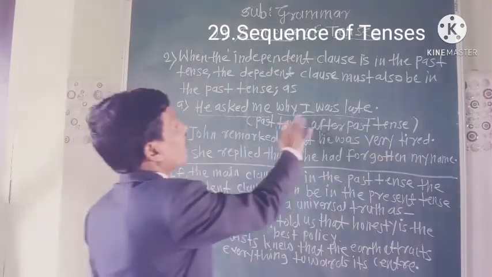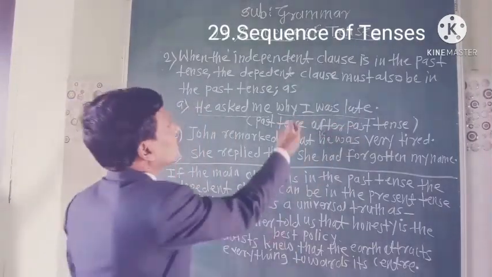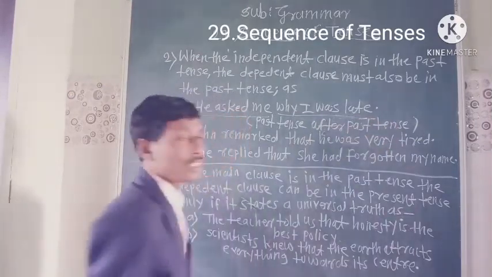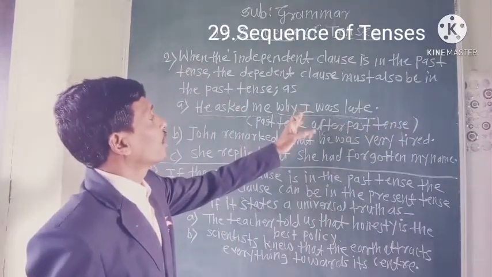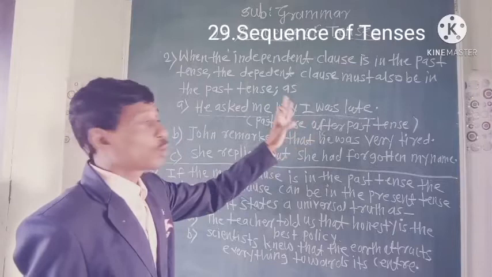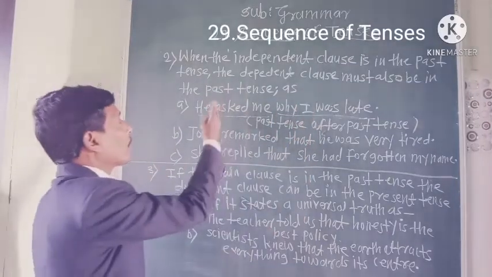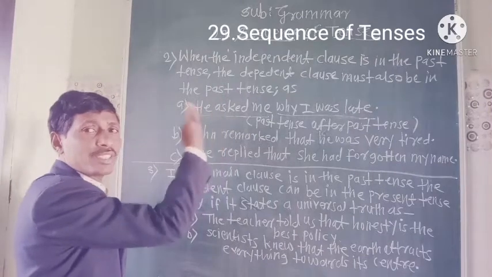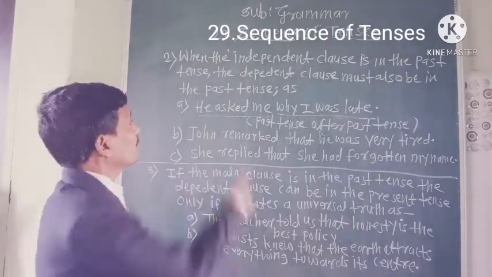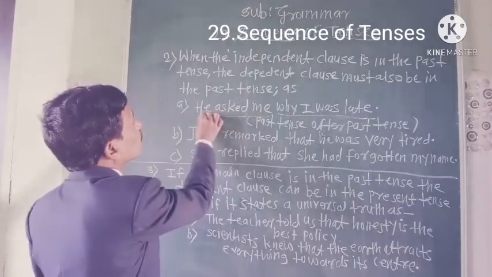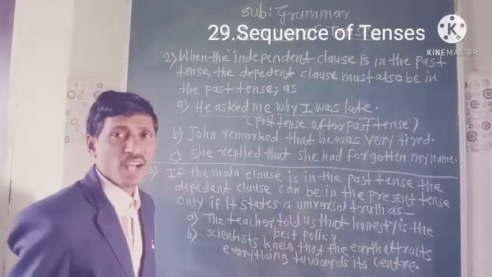And why I was late is the dependent clause. So this dependent clause depends on the main clause or principal clause. Now let's see, he asked me is also in the past tense.